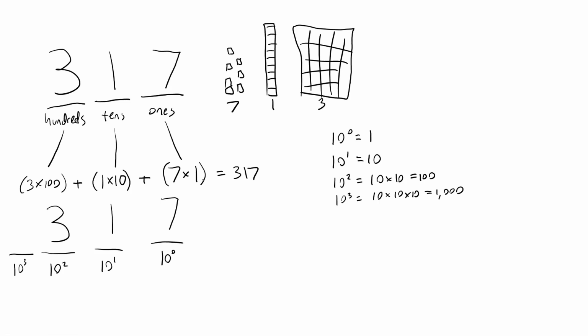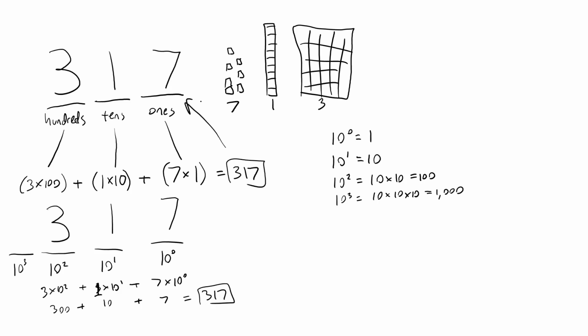So I can write out what I had here, where this is 3 times 10 squared, plus 1 times 10 to the first, plus 7 times 10 to the 0. And again, that's going to give me 300 plus 10 plus 7, which equals 317. So again, that is the same thing we had to begin with.